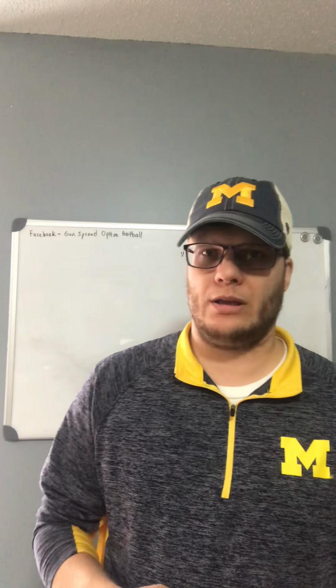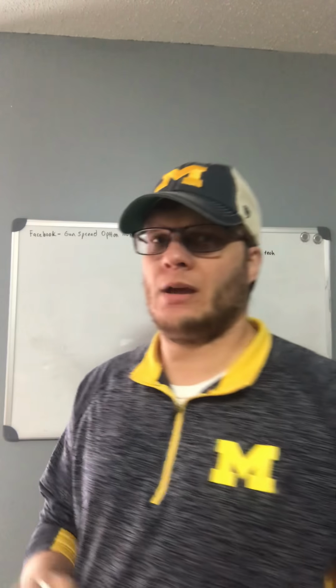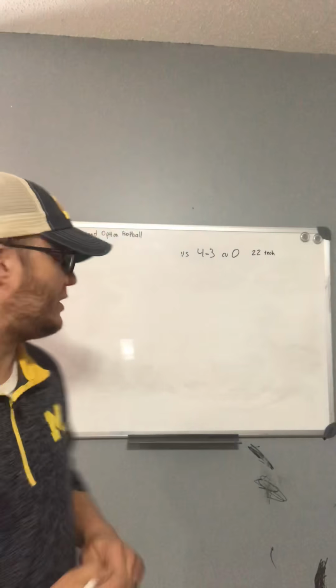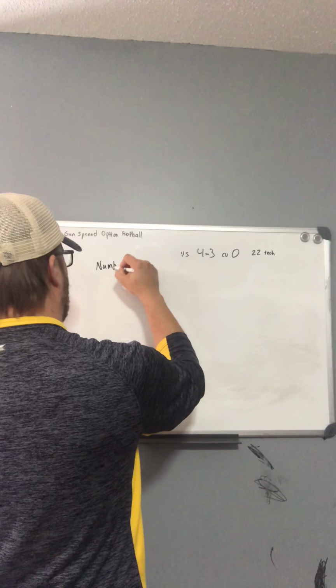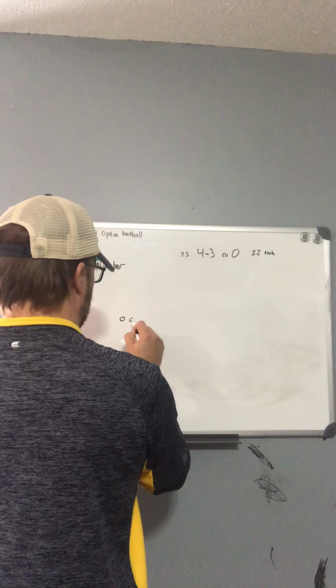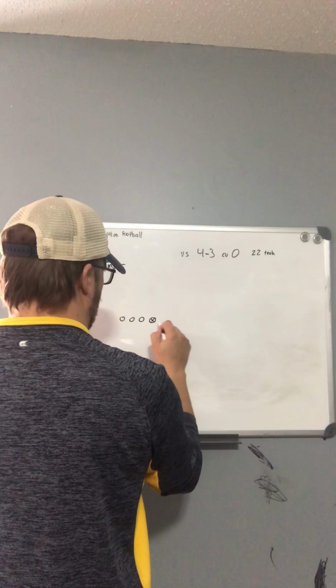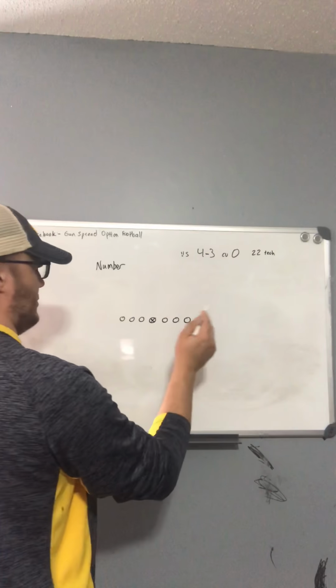The next thing I want to talk to you guys about before we go on any further is a numbering system and a little bit about formations. A lot of guys have numbering systems, a lot of teams do. I don't need one for this.